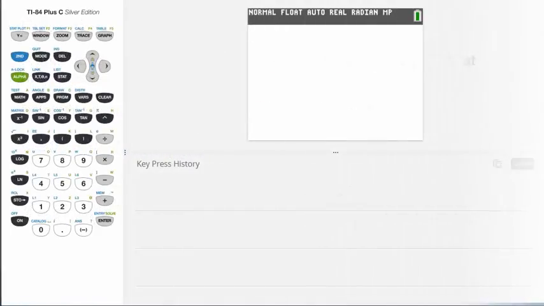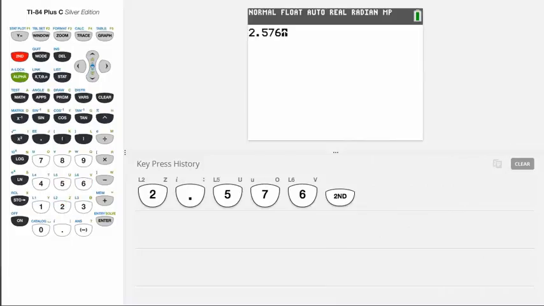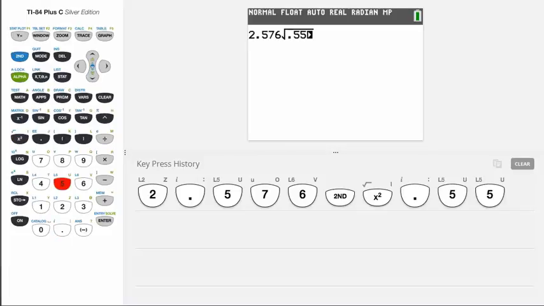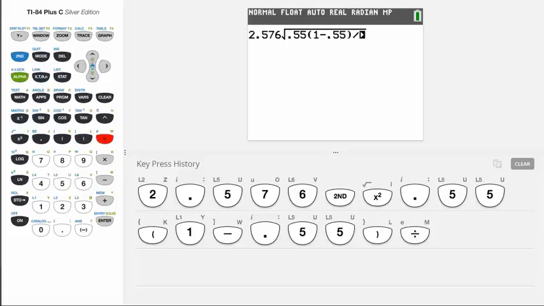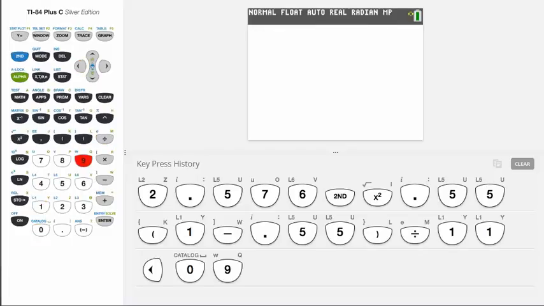Calculating, I have 2.576, second, square root, 0.55, open parenthesis, 1 minus 0.55, close parenthesis, divided by 1,094, and I can arrow right or close my parenthesis, enter.